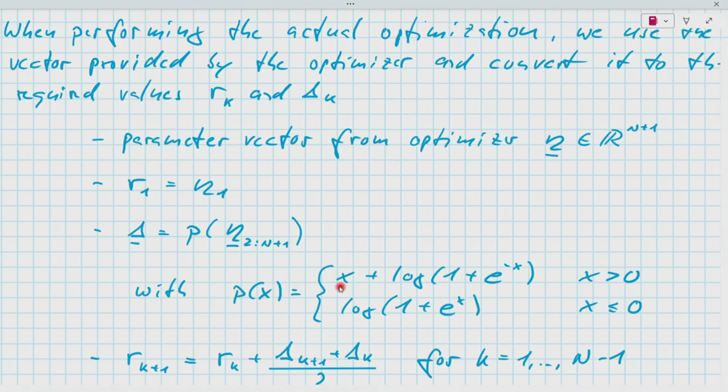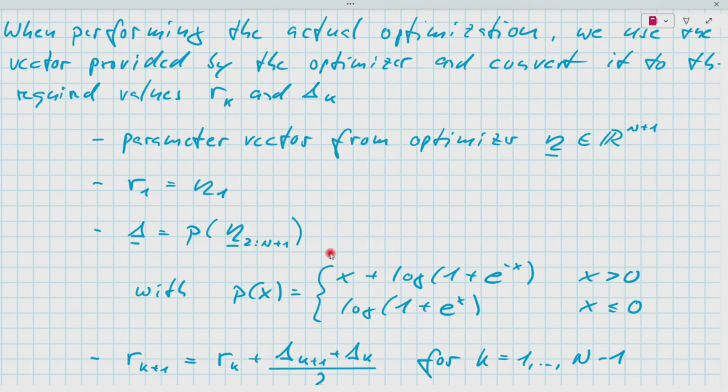This is a function that takes an input x and outputs a positive value. It's like this ReLU function we saw, just a little bit smeared out, and it maps all values from minus infinity to infinity to just positive, or non-negative, values.